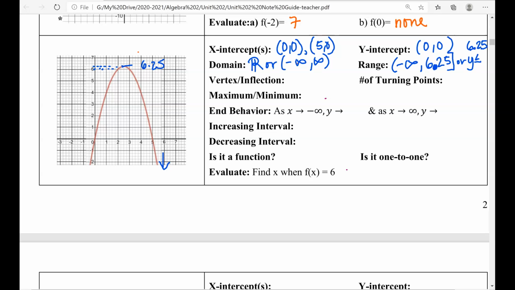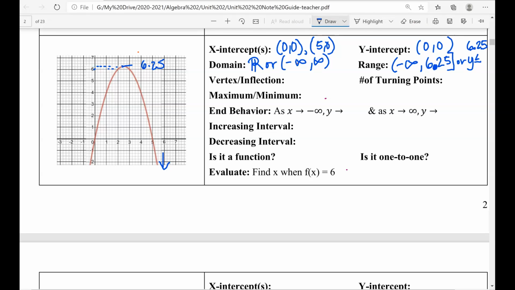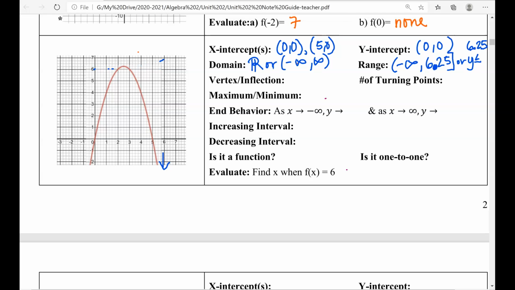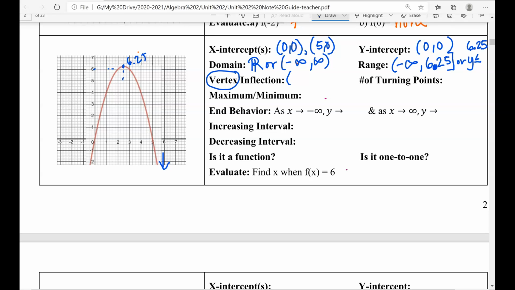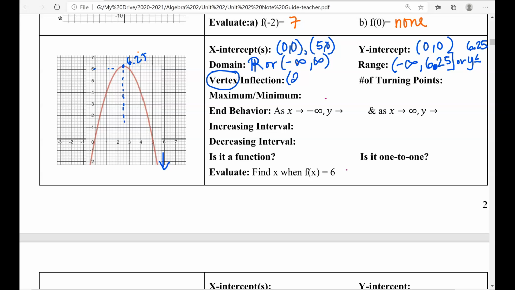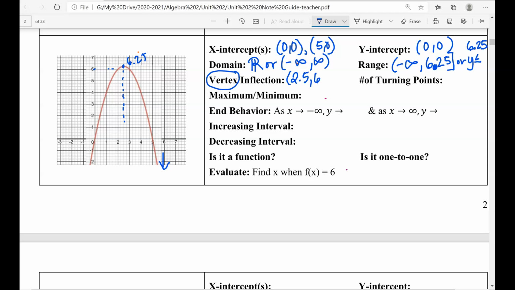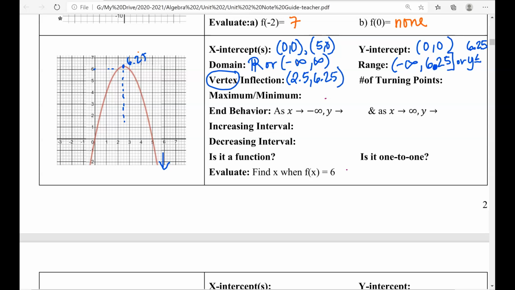We do have one vertex, which is at the very top, okay? And our vertex happens to be the same as our highest range value. So we'll circle the vertex. The vertex is, what's the x value there? So we know y is 6.25. What is x? x is 2.5. So (2.5, 6.25). Okay. Number of turning points, because it is continuous, we can say there's 1 turning point due to the fact that we do have a vertex.